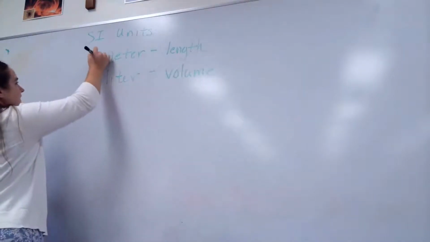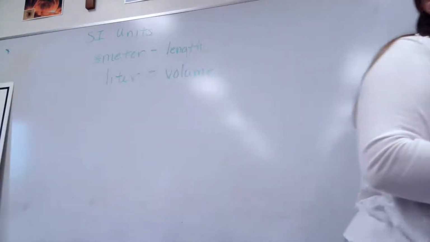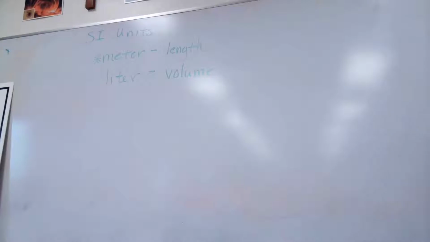Okay, it's actually a great one to do second because liter is a derived unit. Okay, liter can be stated in other units. That's the definition of a derived unit. So a liter is 1 decimeter cubed.